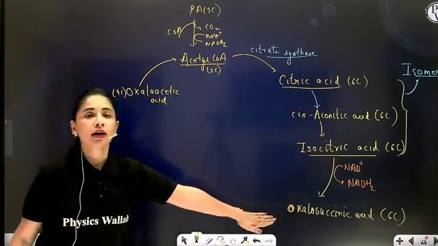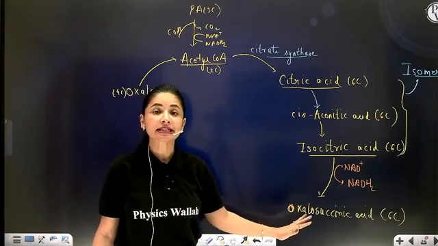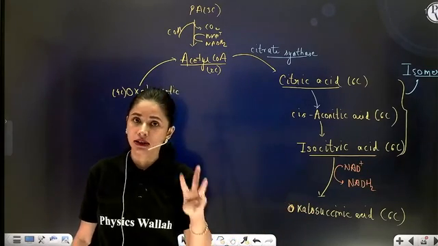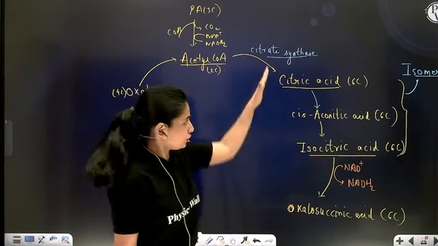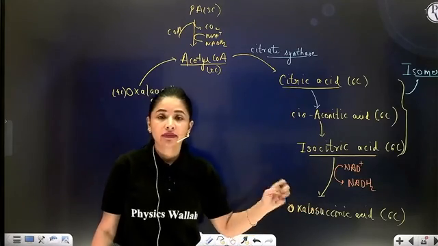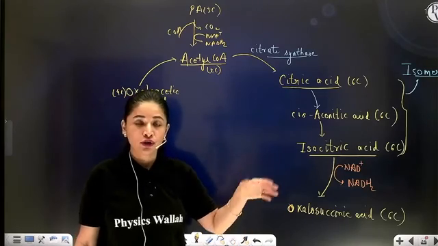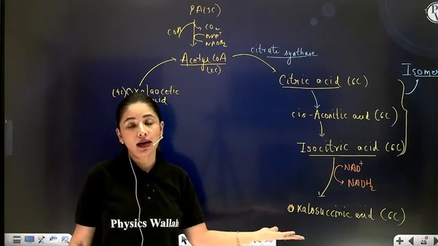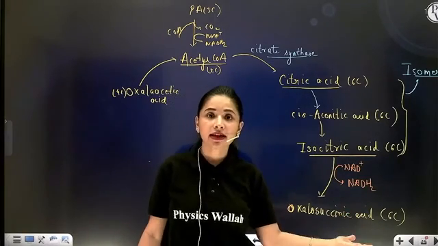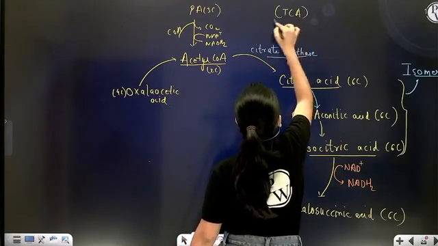Now, so far you have obtained 4 intermediates, and all these 4 are 6-carbon containing compounds, and in each compound there are 3 carboxyl groups. If you see the structure of all these 4 intermediates, you will find that in each structure there are 3 carboxyl groups, tricarboxylic acids. So all these 4 intermediates are actually tricarboxylic acids, and hence the Krebs cycle can also be known as the TCA cycle.